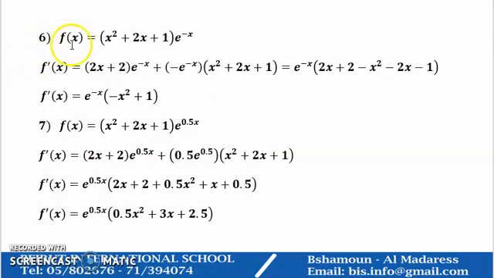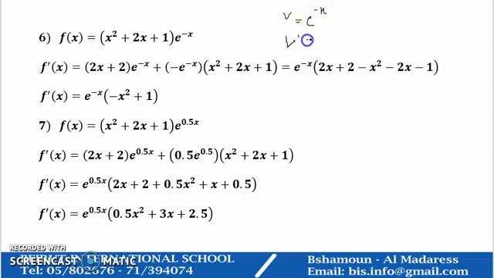Now, in part 6 here, I have also f of x of the form u times v. But here I notice that v equal e exponent minus x, and as I said, this is e exponent u of x.